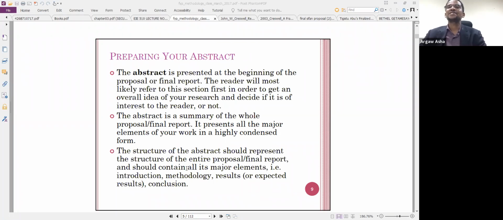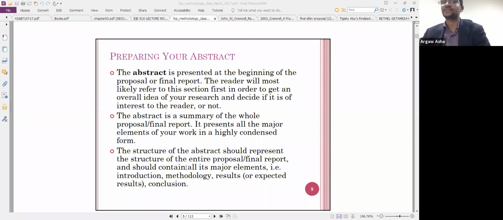The second one is the abstract, next to the title. The abstract can be presented in the beginning as a proposal or as a final report. In the case of proposals, you should convey the message in the future tense, because you are going to do it.